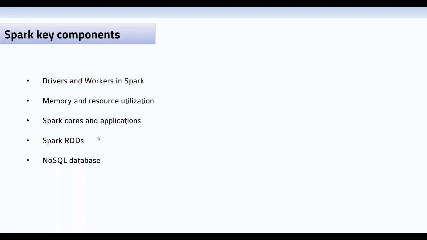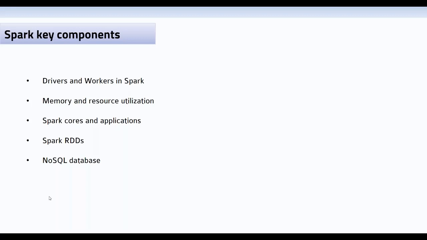And these RDDs are in fact partitioned across many servers, and since they run on many different nodes, they can be computed on different nodes of the cluster as well. And of course, finally, the NoSQL database that basically complements the big data applications, even for Spark.